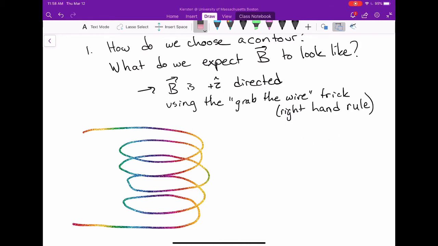We're going to use another important property. So we're going to say that B, magnitude B, is very small outside. And we also said that it's constant inside. So what I'm going to do is define an Amperian contour that is directed along the direction of B. So it's going to be positive Z directed inside the coil.